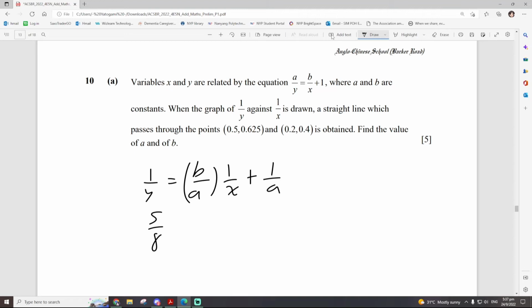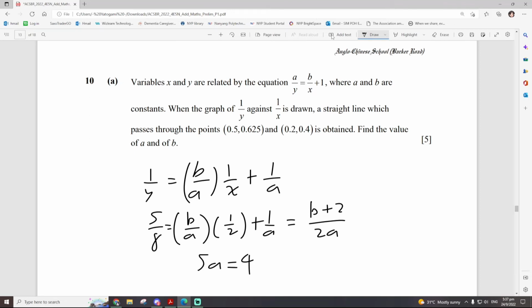So 5 over 8 is equal to b over a times half plus 1 over a, which is b over 2a plus 2 over 2a, b plus 2 over 2a. Which means 5 over 4 is b plus 2 over a. So 5a equals 4b plus 8. Okay, so that's one equation.